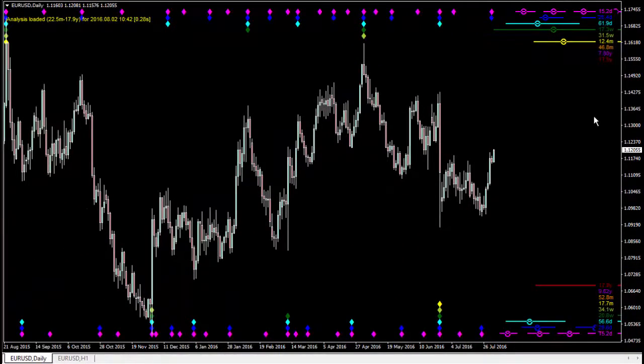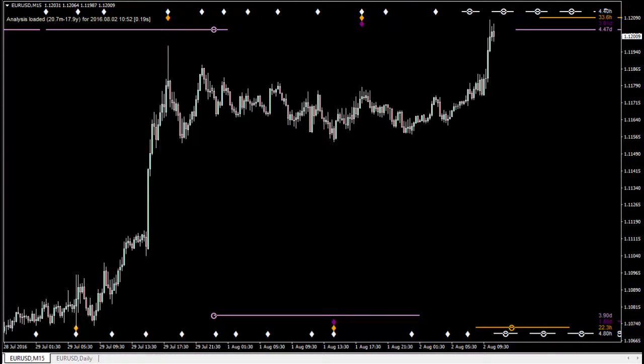If we take a look at a different time frame chart, such as this one, this is a 15-minute chart, you will notice that the 20-week cycle whiskers are no longer visible on this chart. That is because each time frame presents the range of cycles that are of interest, and it avoids clutter on your charts. Of course, on this chart we are seeing a different range of cycles to the cycles that we were seeing on the daily chart. Here we are seeing all the way down to the first intraday cycle, which is about a 5-hour cycle.